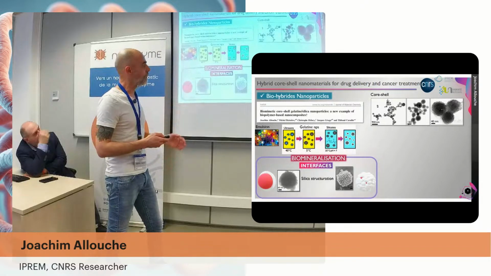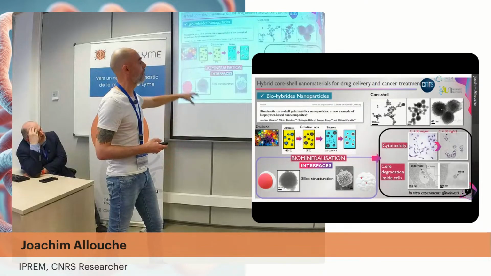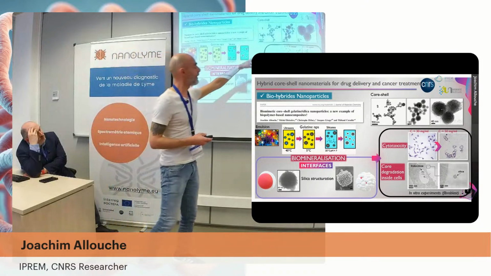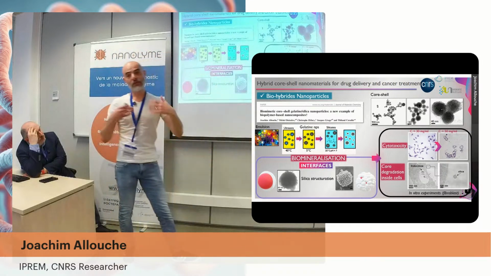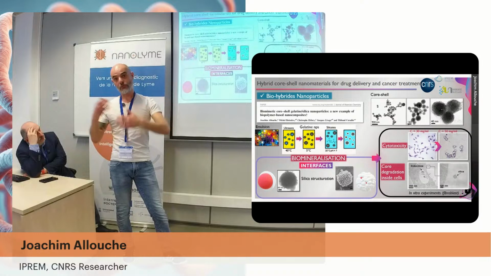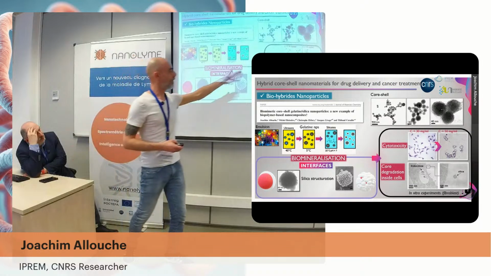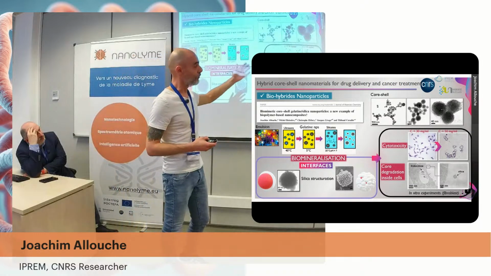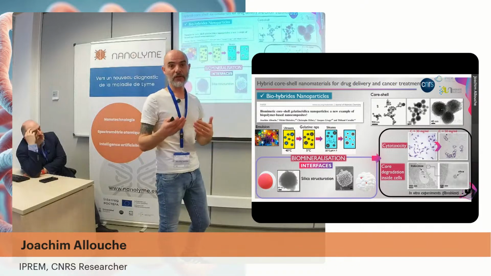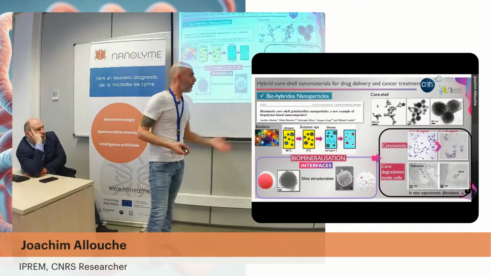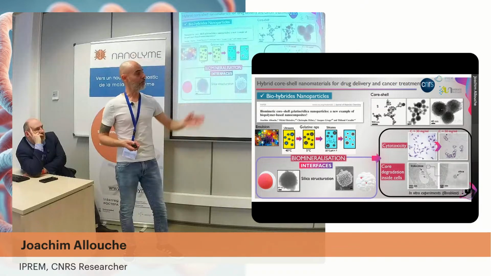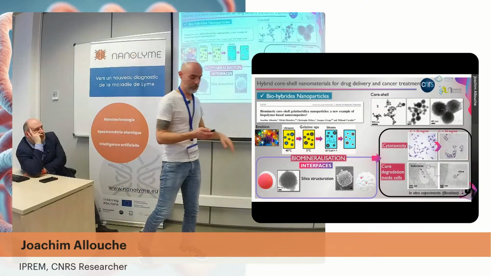But apart from this understanding of the mechanism, we wanted to see the interaction of these particles with cells. Typically, we wanted to know the cytotoxicity of the particles with fibroblasts, for example. So you have such images.